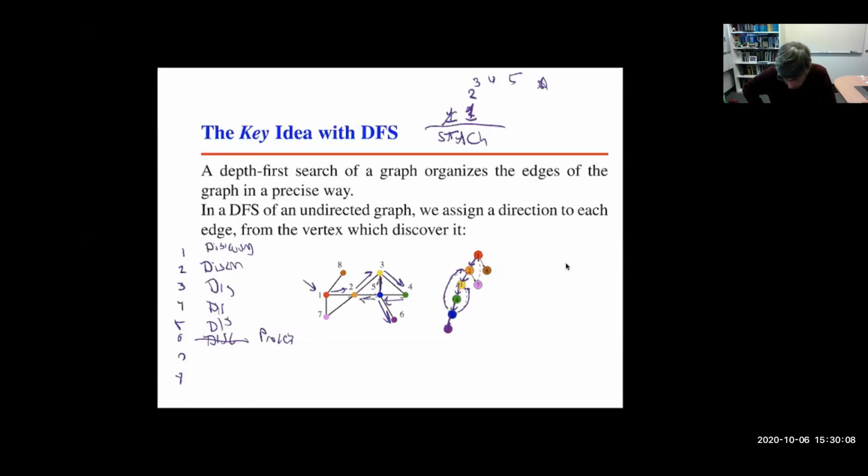I'm done. 5 now is completely processed. I go back to 4. 4's outgoing edges, all of them I've been looking at. 4 is now completely processed. I get up to 3. I look at all of 3's outgoing edges. They're done. 3 is completely processed.